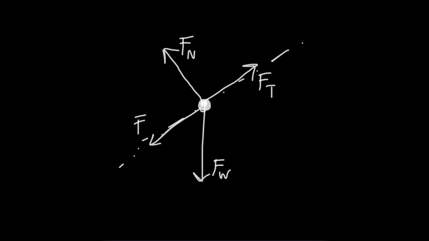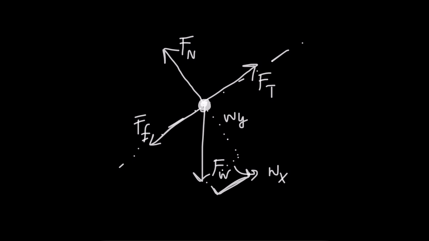we have to consider that even though we're not supposed to draw components on the free body diagram, we still have to consider them. So this would be weight y, the vertical component of the weight, and this would be weight x. This weight x length is still exerting weight force in that direction.